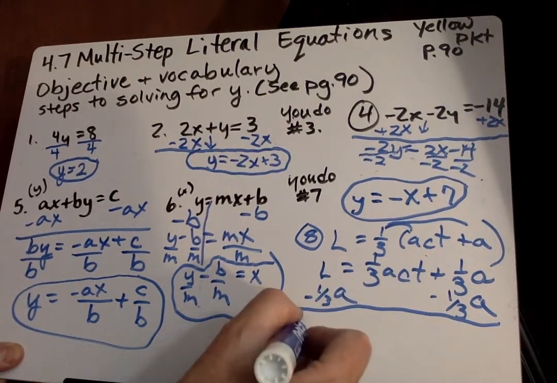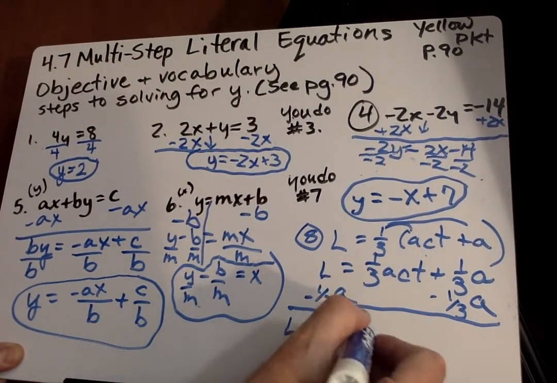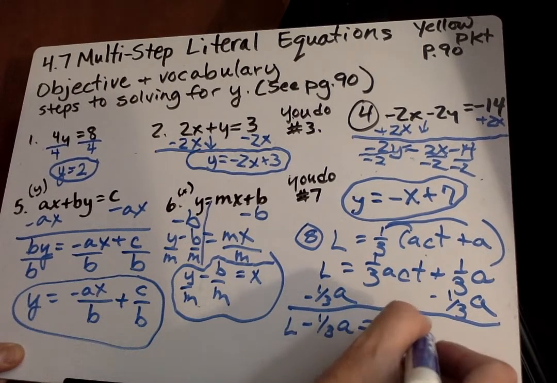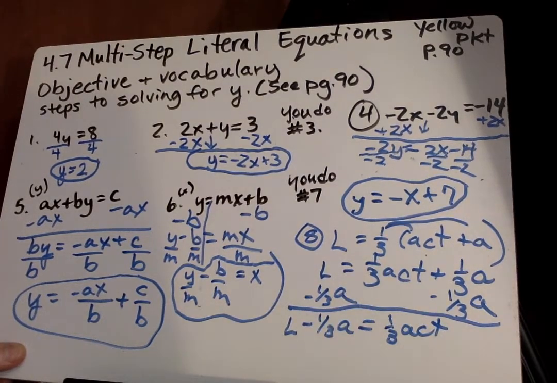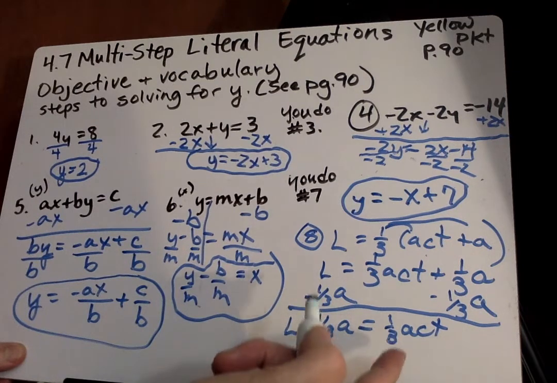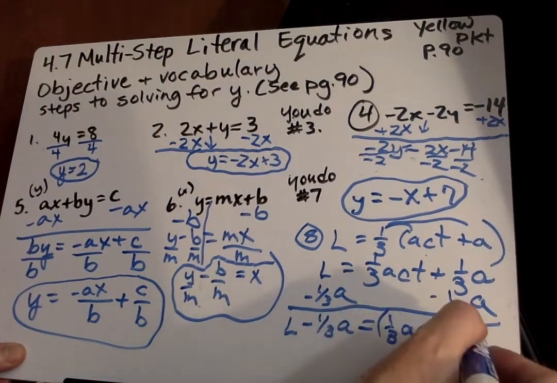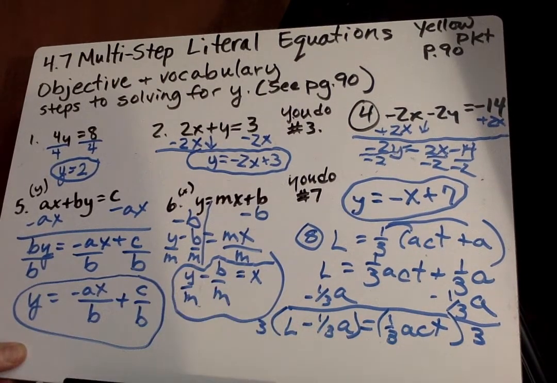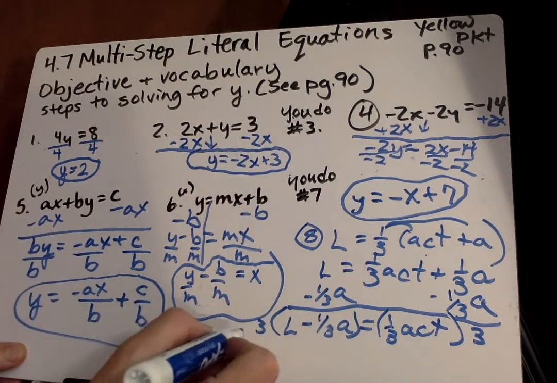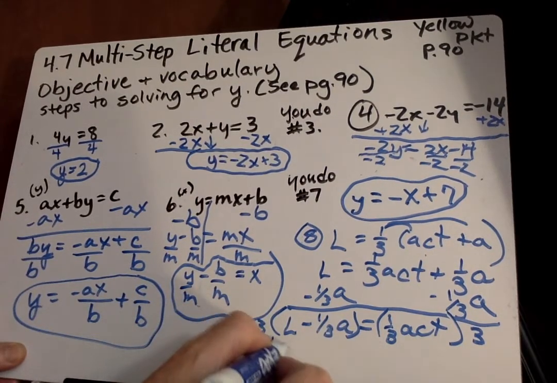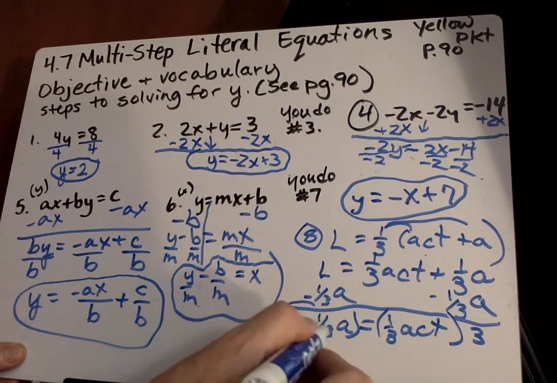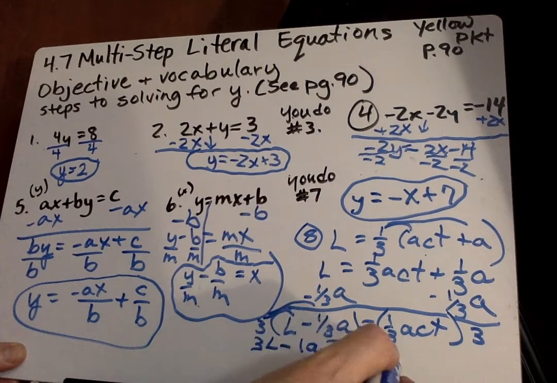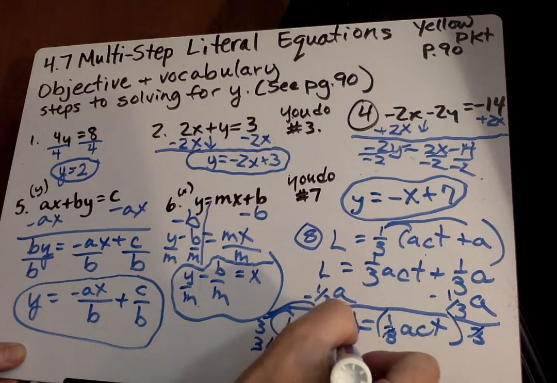Then I get L minus 1/3 A equals 1/3 ACT. Next, I'm going to get rid of the 1/3 by multiplying by 3 on both sides. So I'm going to multiply 3 through there, and I'm going to get 3L minus, that's going to be 1A, equals, that cancels with that, and I'm left with ACT.